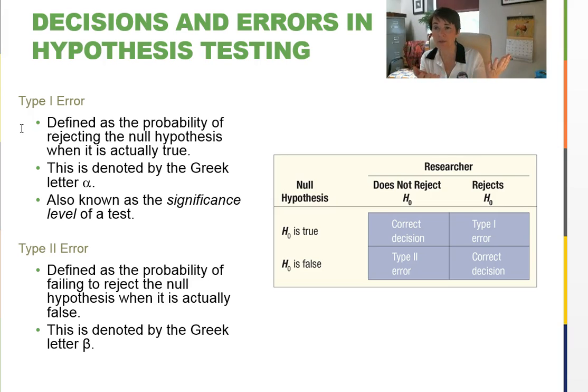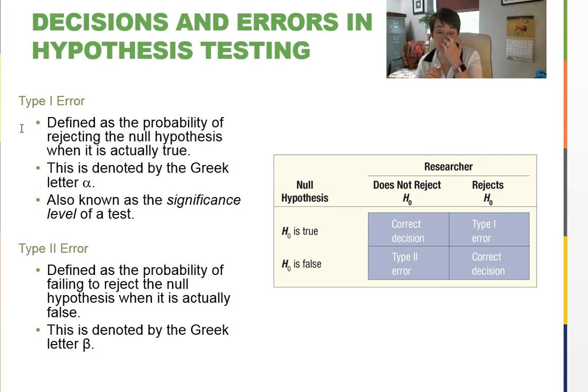Maybe we didn't use enough data. Could be lots of reasons. And this is denoted by the Greek letter alpha. It is also known as the significance level of a test. So we want to have this level be very small, right? To have that level of error small.